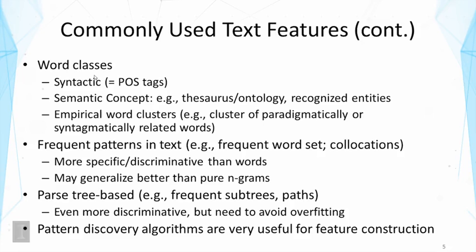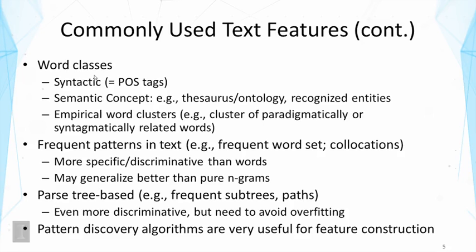We can also learn word clusters empirically. For example, we've talked about mining associations of words, and so we can have clusters of paradigmatically related words or syntagmatically related words, and these clusters can be features to supplement the word-based representation. Furthermore, we can also have frequent patterns in text, and these could be frequent word sets.